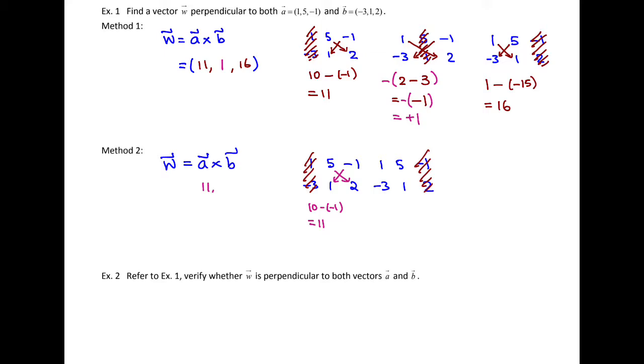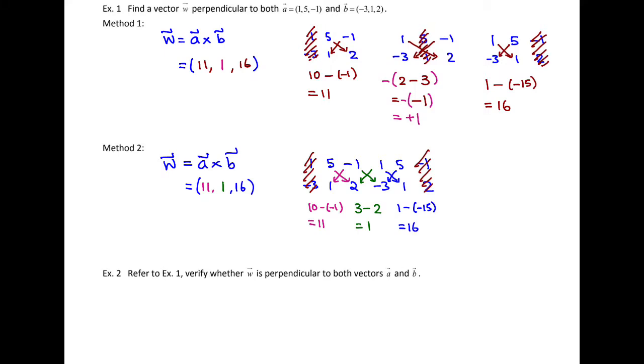Next, we use negative 1 times negative 3, which is 3, minus 1 times 2, which is 2, which is 1. That's our Y coordinate. The last one, we use 1 times 1, which is 1, minus 5 times negative 3, which is negative 15, which is 16. That's our Z coordinate. So now this is our vector W.